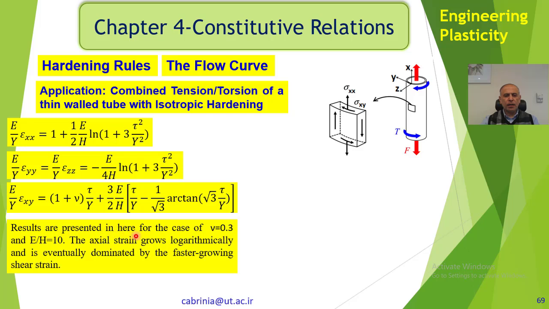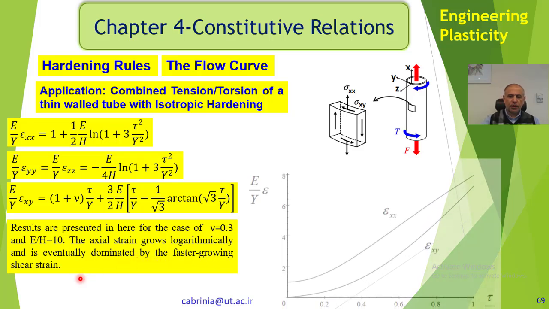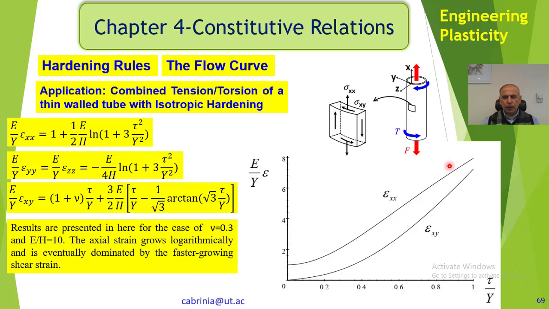The results are presented here for the case of mu equal to 0.3, which is generally for metals, and E/H over 10 also. The axial strain grows logarithmically and is eventually dominated by the faster growing shear strain. We can see here, this is epsilon xx. Of course, we could draw epsilon yy and zz, but here we have drawn epsilon xx and epsilon xy. As we increase tau, when tau is 0, this is 0, but epsilon xx is not 0.